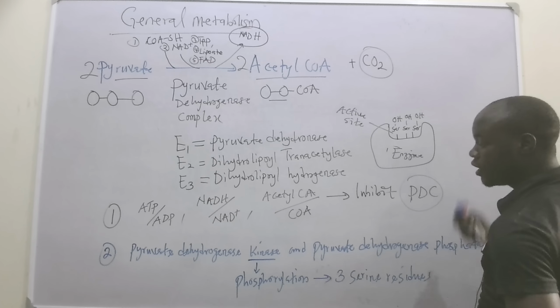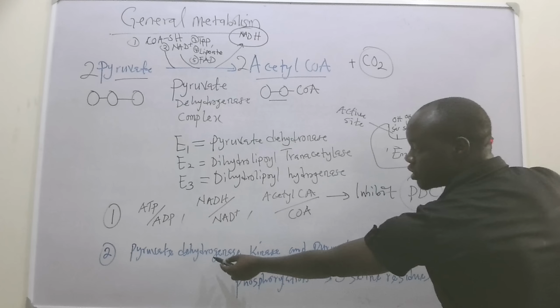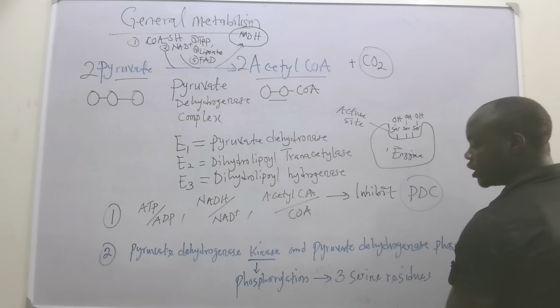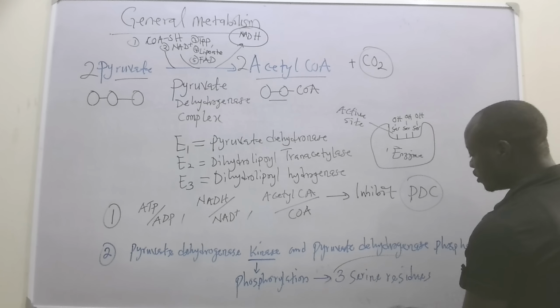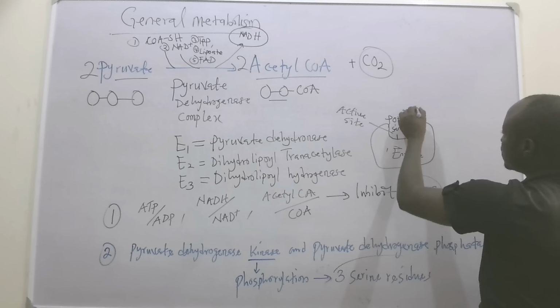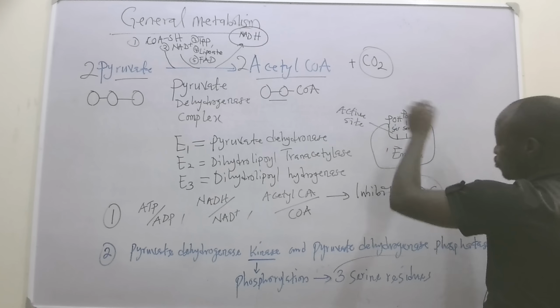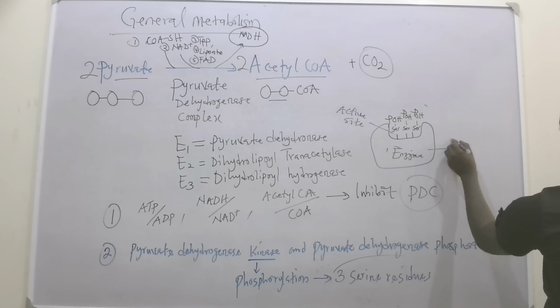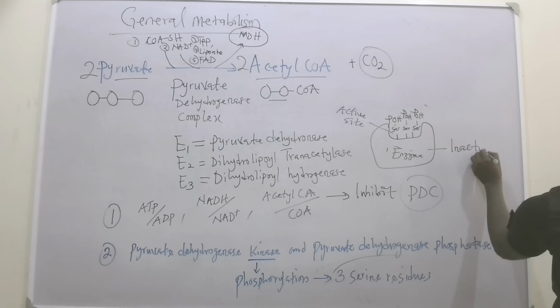What pyruvate dehydrogenase kinase does is phosphorylate these three serine residues. It adds a phosphate group to these three different serine residues at the active site. Once they are phosphorylated, the enzyme becomes inactive.